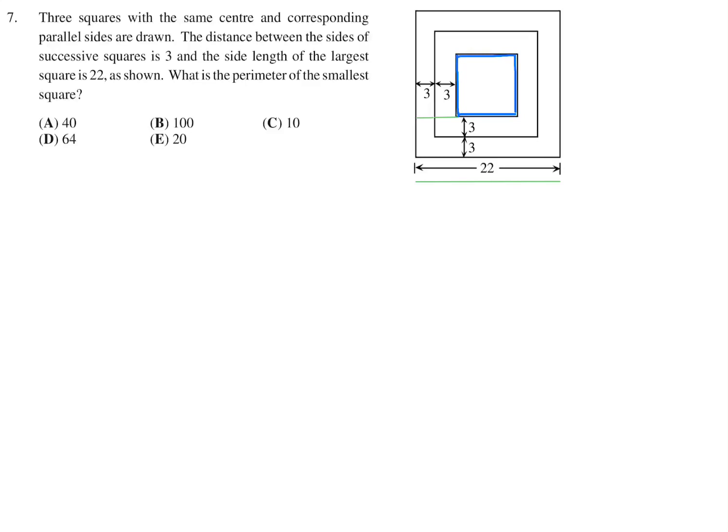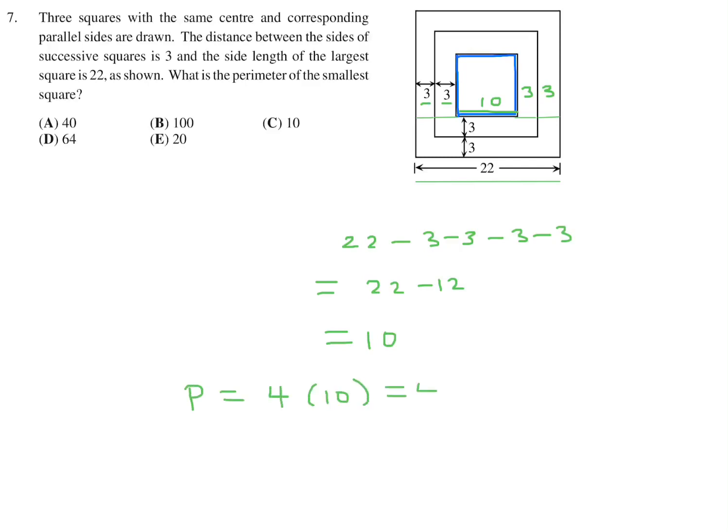And similarly, because these are squares, on the same side, it'll be the same. So the distance from here to here is 22 minus 3 minus 3 minus 3 minus 3. So that looks like 22 minus 12, which is equal to 10. So the side of the small square is 10. So therefore the perimeter is 4 times each side, which is 40. So number 7, the answer is A.